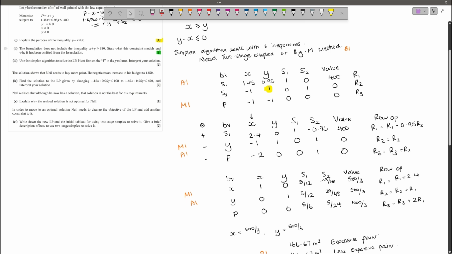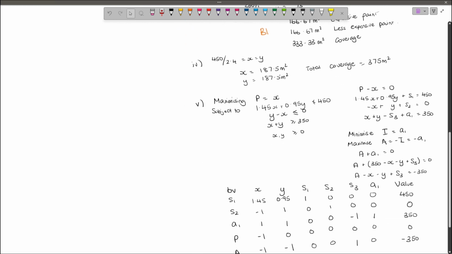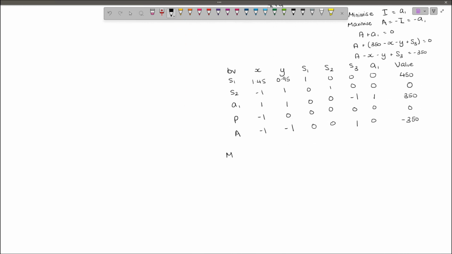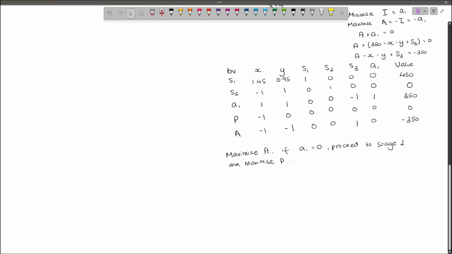But we do need to give a brief description on how to solve. So we want to maximize A. If a1 is equal to 0, proceed to stage 2 and maximize P. And if we maximize A, we need it to equal 0.